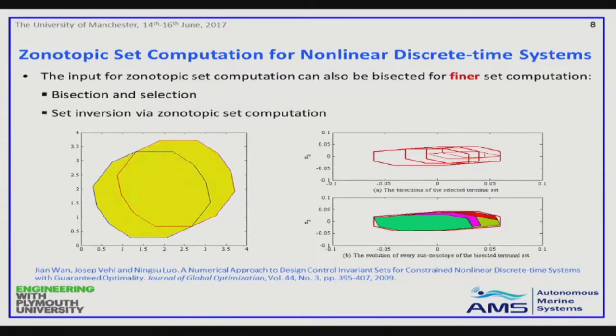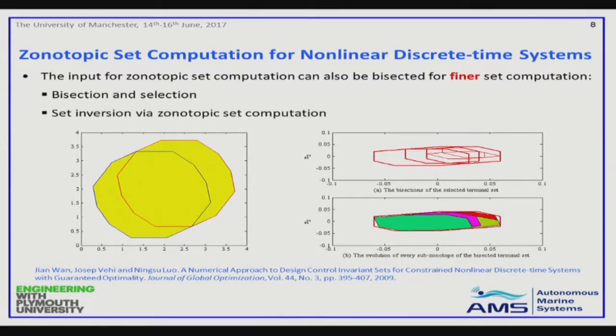What can we use this method for? Here we can test control invariance. For example, for this zonotope, we compute its dynamic evolution and find that the next step is not control invariant. But if you bisect it into smaller zonotopes, we find that for every small zonotope, the evolution is inside the original zonotope, which means that this zonotope is control invariant, based on the set computation.